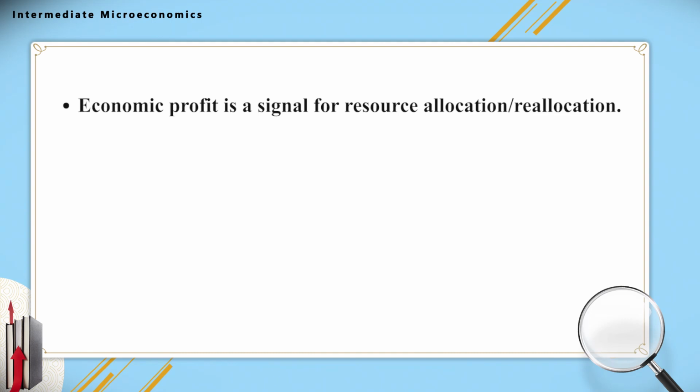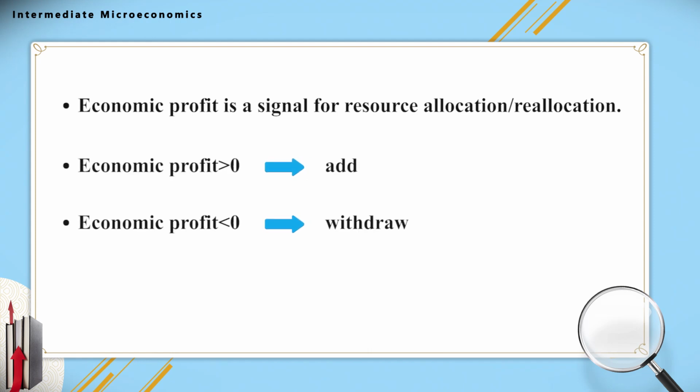Positive economic profit is a signal of adding resources, and negative economic profit is a signal of withdrawing resources. Only when the economic profit is zero, though, the producer has no incentive to adjust the use of their scarce resources.